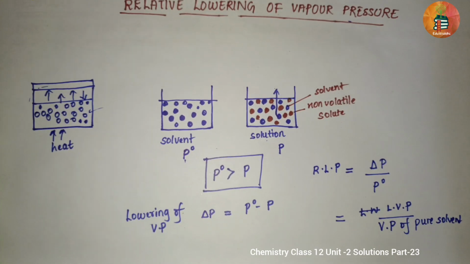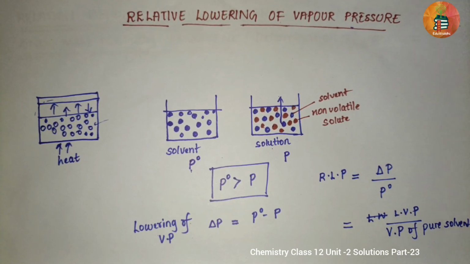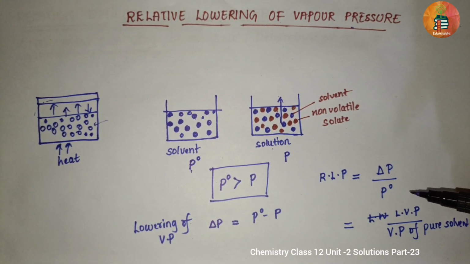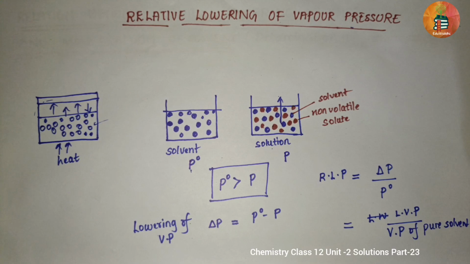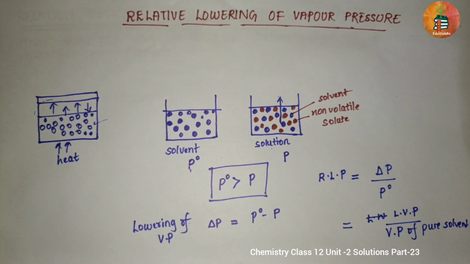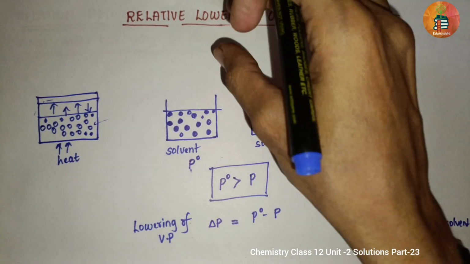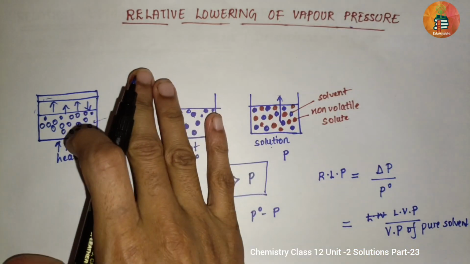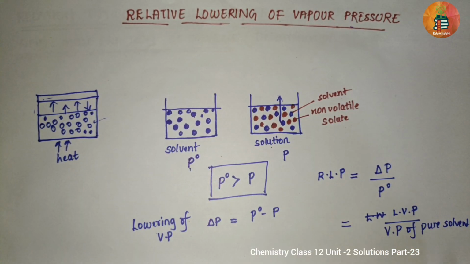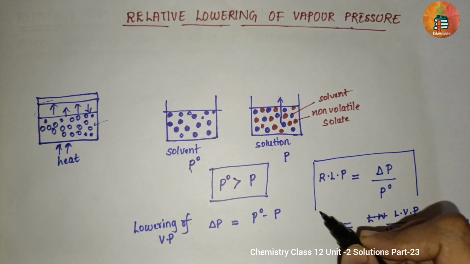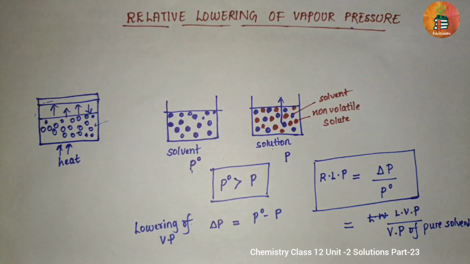So that is about relative lowering of vapor pressure. You have to remember this formula. Before knowing relative lowering of vapor pressure, you should be clear about the concepts of vapor pressure and lowering of vapor pressure, and then you can study relative lowering of vapor pressure. So please remember this one. That's about relative lowering of vapor pressure. Thank you.